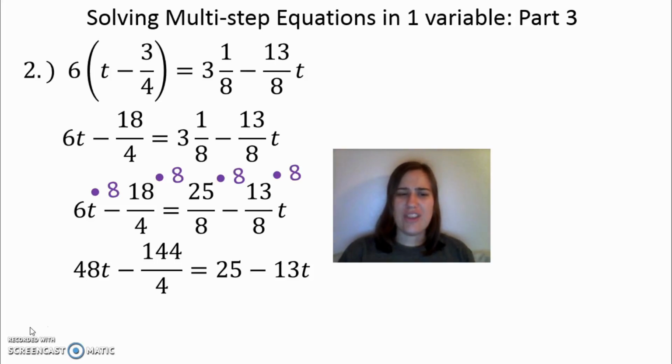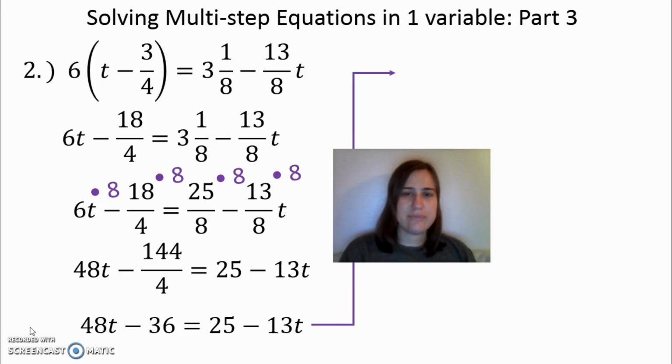So I think that 144 divided by 4 reduces to a whole number. So let's see. It does. It equals 36. So now we have no more fractions. They're all gone. Normal problem now, just like part 1. So we have a constant on each side. We have a variable on each side. Let's get rid of one of the variables. And I ran out of space again.